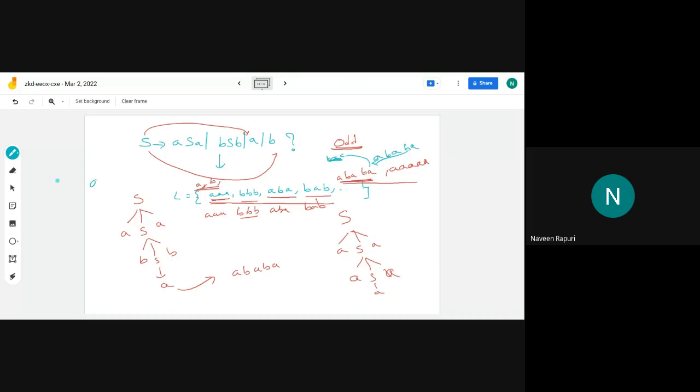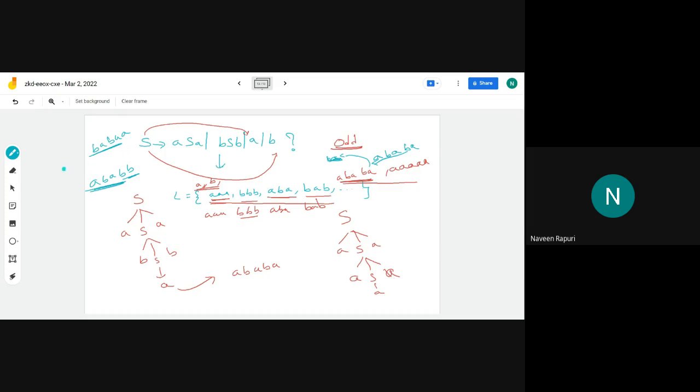It is not recognizing AB. We can't recognize it. So or else BA, it is also not recognized by this one. Or else AB, like that, we are not able to recognize.